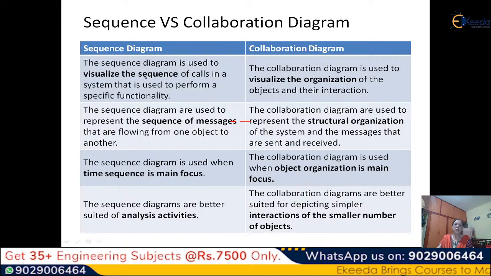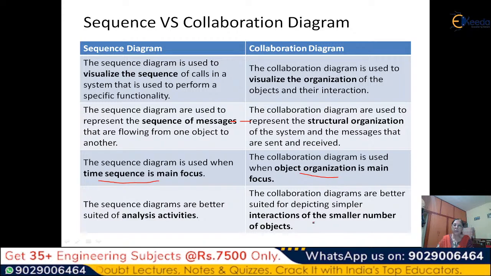The sequence diagram is more about which object is sending a message to whom and in what order. Sequence diagram is used when time sequence is the main focus, and collaboration diagram is used when the organization is the main focus.